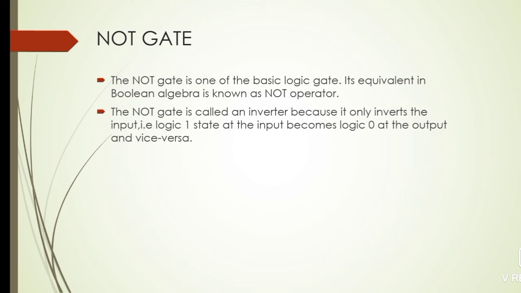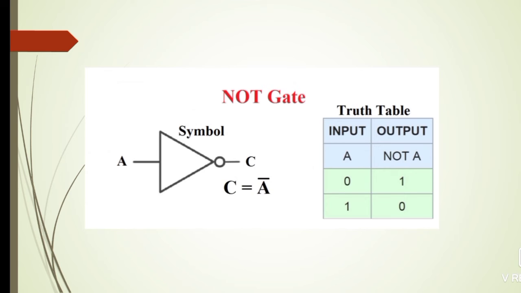Next slide is the symbol and truth table. The logical equation of a NOT gate is Y equals NOT A, that is, Y equals the complement of A. The NOT operation is also referred to as an inversion or complement. The small circle in the symbol is known as a bubble.